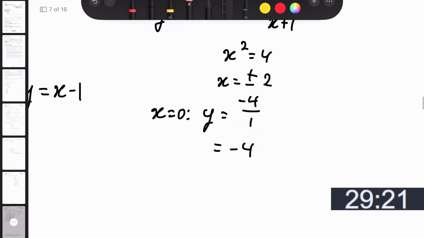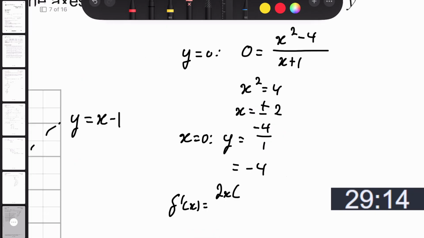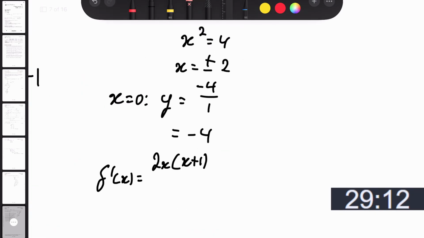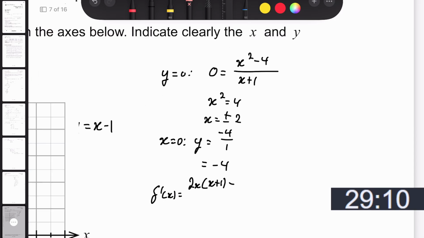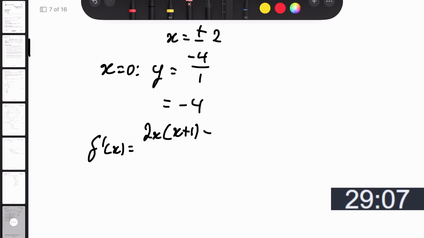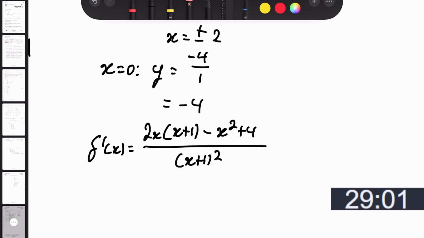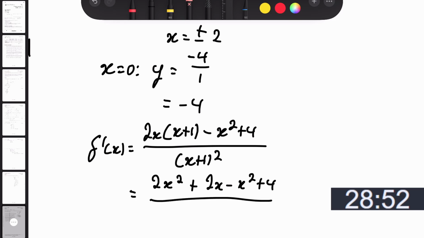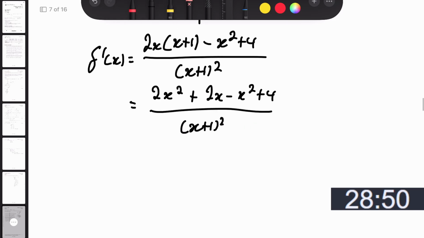Then we have to find our turning points. So we have y dash of x is going to equal the derivative of the top, which is going to be 2x on x plus 1, minus 1 of the top, which is going to be x squared, so minus x squared plus 4 on x plus 1 squared. So this would be 2x squared plus 2x minus x squared plus 4 on x plus 1 squared.